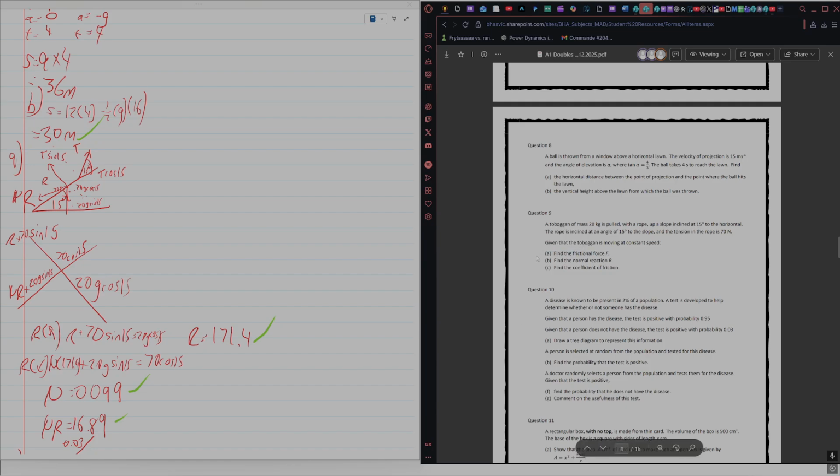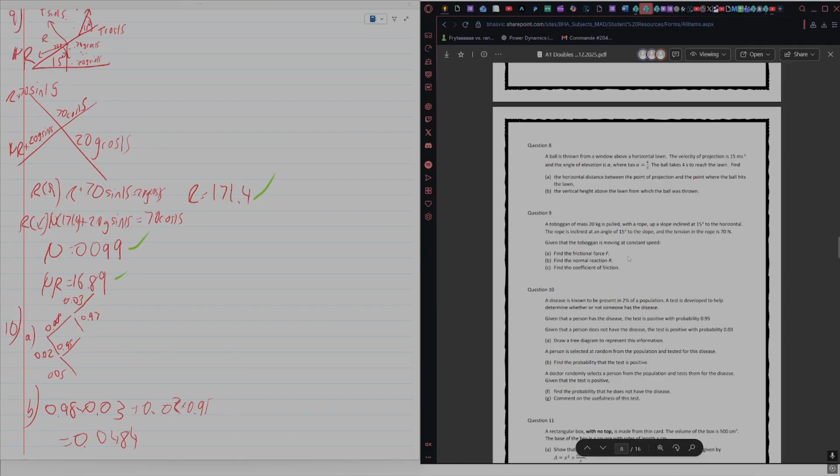Because it's part A, I feel like there might be a different way to find this, but I know the frictional force is just mu R, so I multiplied the two values I got, which gave me 16.89, which is correct. I don't really know how else you would find this, but that is a way to do it.